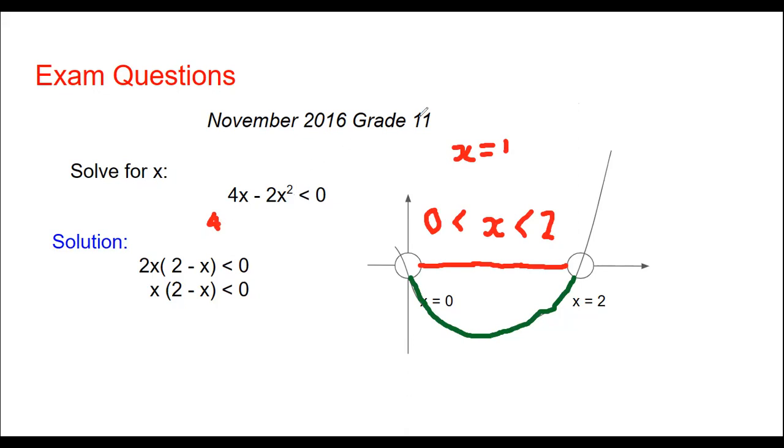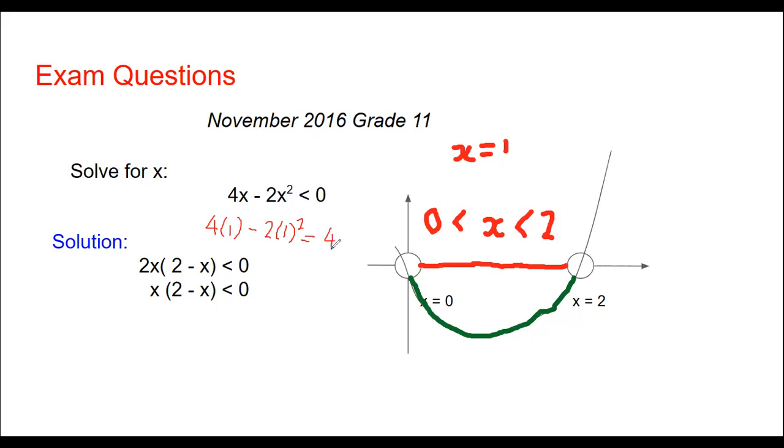Let me just reduce thickness here. So let's do this 4. So here you have 4 times 1 minus 2 times 1 all squared. And this is just going to give us 4 times 1 is just 4.